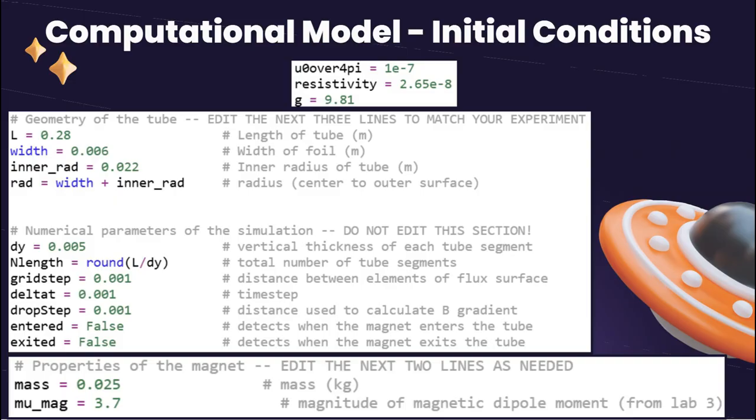After that, we moved on to the computational model, where we began with the initial conditions. At the top are the constants for each equation, then the length of the tube, the width, the inner radius, and the outer radius, along with numerical parameters for the simulation and the properties of the magnet, like its mass and its magnetic dipole moment, mu.